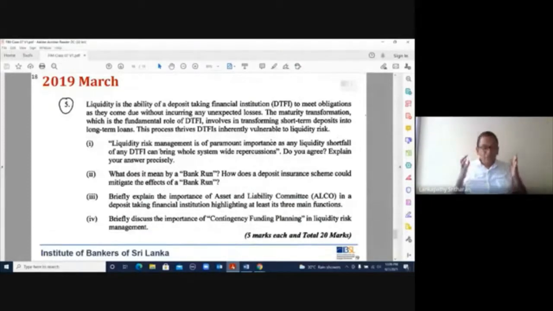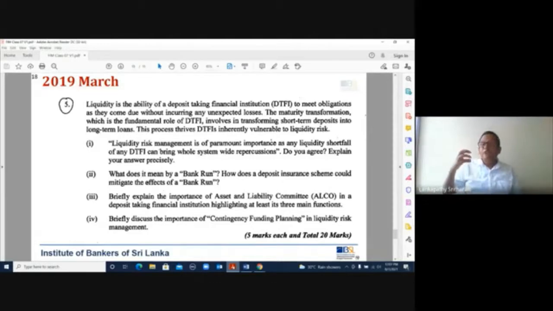Here we have to notice this question. This is something different. They say that if there is any liquidity shortfall of any financial institution, that can bring system-wide repercussions. Why? Liquidity risk may create a contagion effect in the financial system.